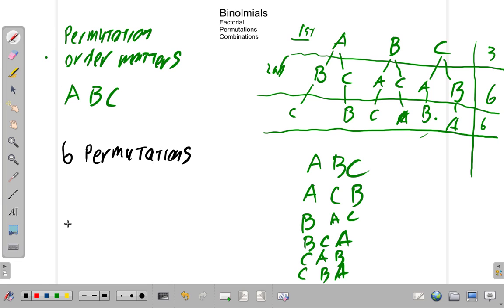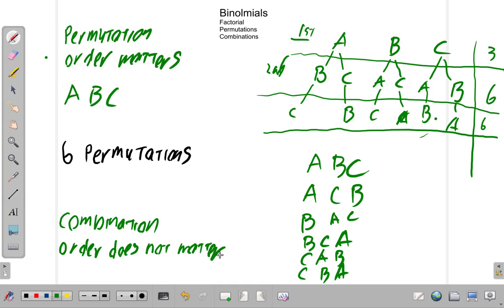All right. Now, the thing is, when you look at these, you could say, suppose the order doesn't matter. Well, if the order does not matter, then what you're talking about is a combination. So, with a combination, the order does not matter.